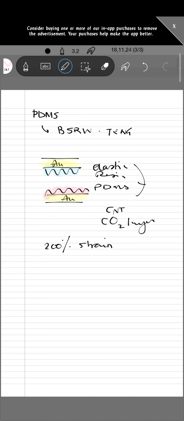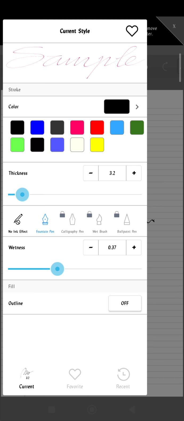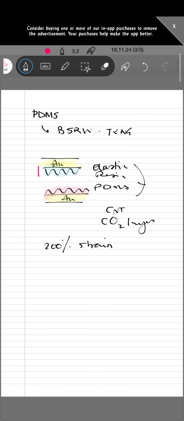So due to this, there is a conduction which takes place between the two electrodes, and it acts as a sensing device.